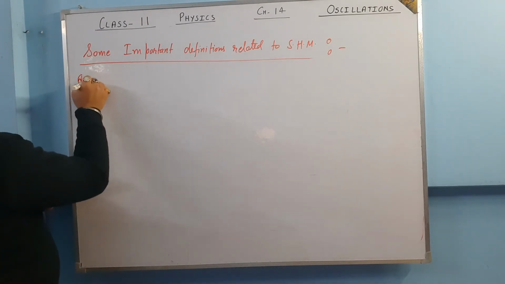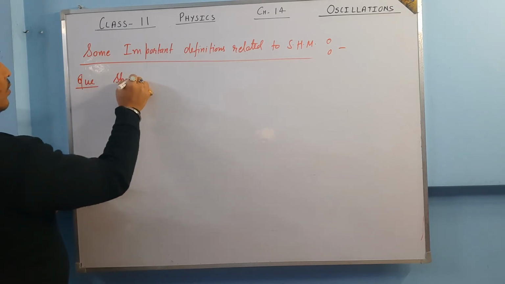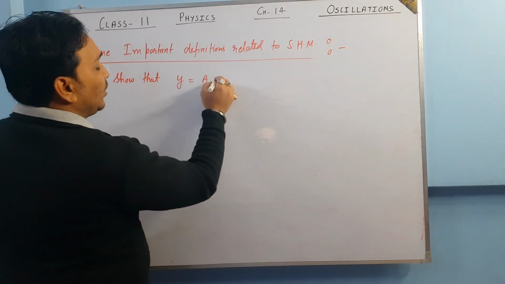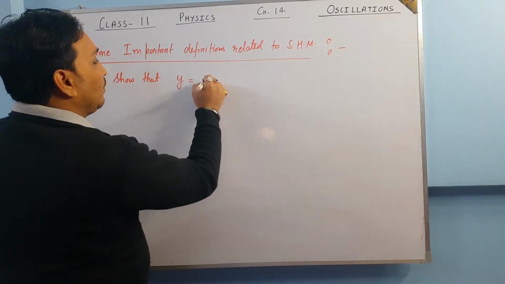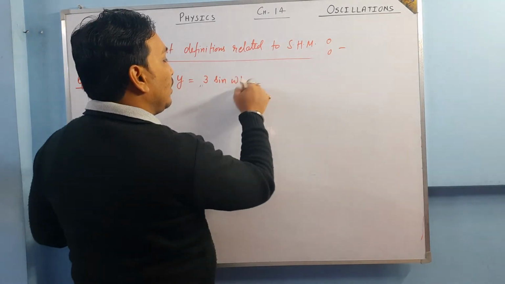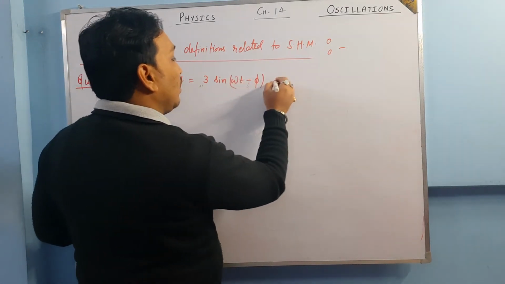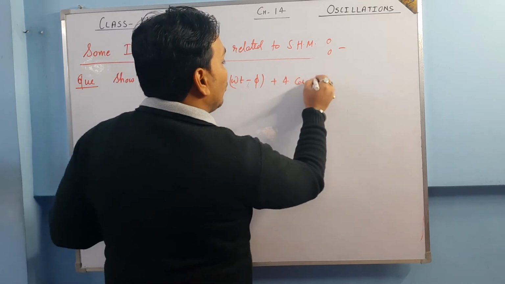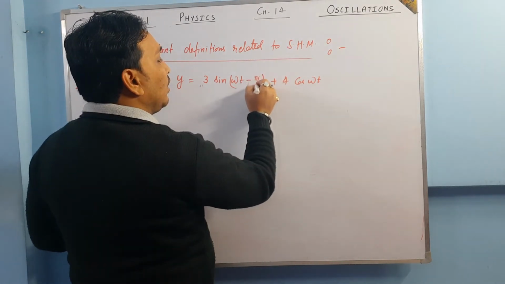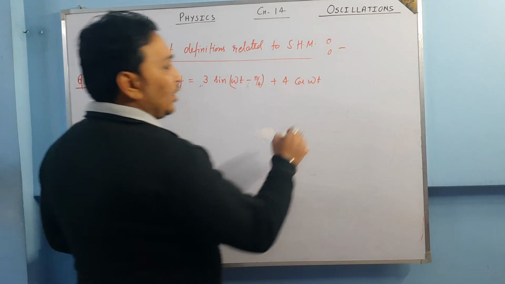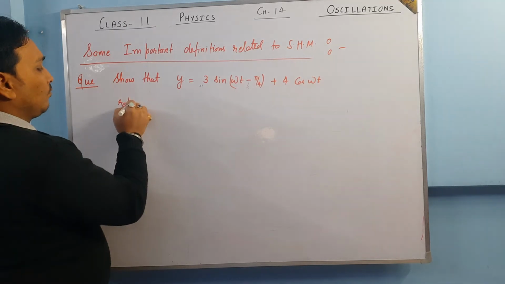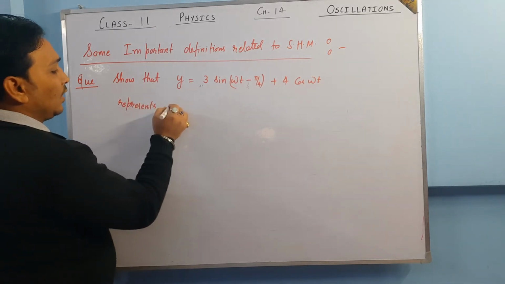Question: show that y is equal to 3 sin(omega t minus phi) plus 4 cos omega t, let phi be pi by 4, represents SHM.